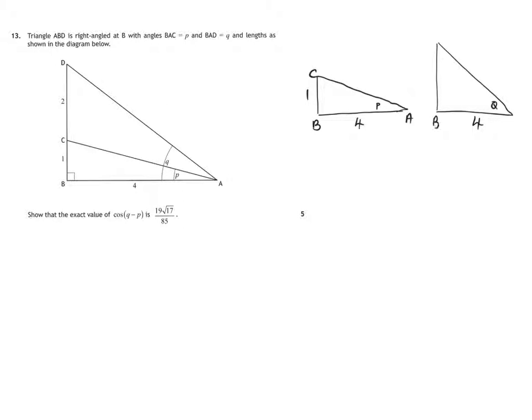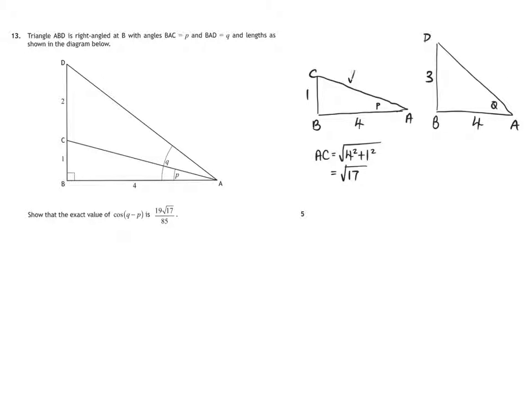And this one is ABD. That side is 3. Okay, so we have to find the third side, the length of them. So this first one, AC is equal to the square root of 4 squared plus 1 squared. Okay, so that's the square root of 17.